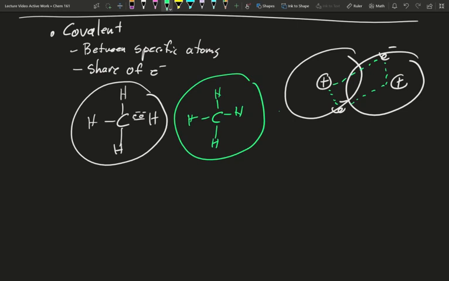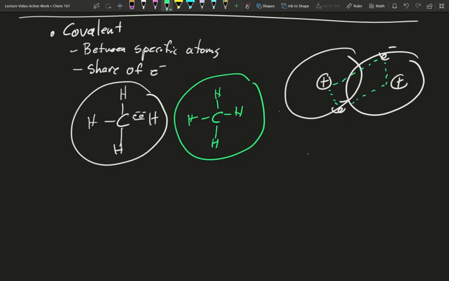These tend to be non-metals, things in the upper right of the periodic table. Boron, carbon, nitrogen, oxygen, fluorine, chlorine, sulfur. As a result, they're a lot smaller, they don't have the reach and the range, they can't just interact with everything in all directions. And so they instead interact with just one thing with those electrons.